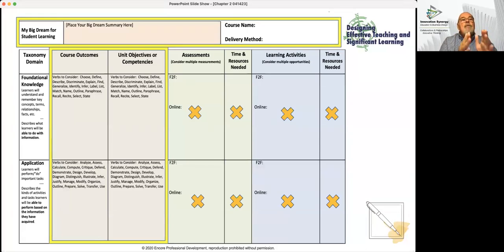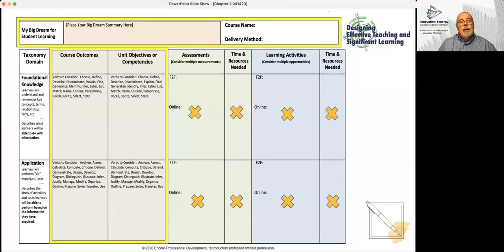We only have you do the outcomes first. The easiest thing is that people want to fill left to right, and they want to just fill in the whole chart in one area. But to make sure that you have outcomes for each of the 6 areas, we ask that you really look at the 6 domains and use your outcomes that you want to be able to put in there first.